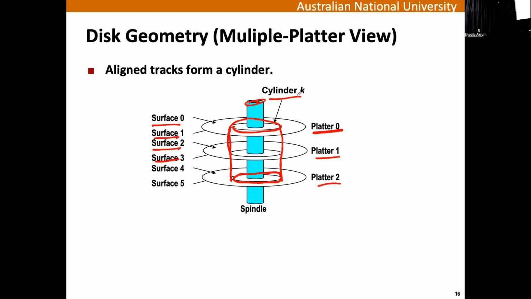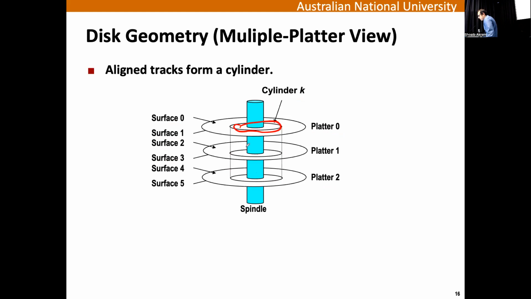Okay, let's take a moment. Do you see any waste in this geometry? So there are multiple tracks, and a cylinder is a collection of tracks on all surfaces that are equidistant from the spindle.